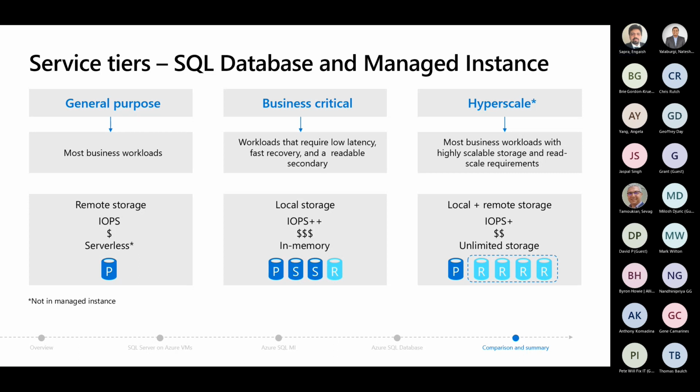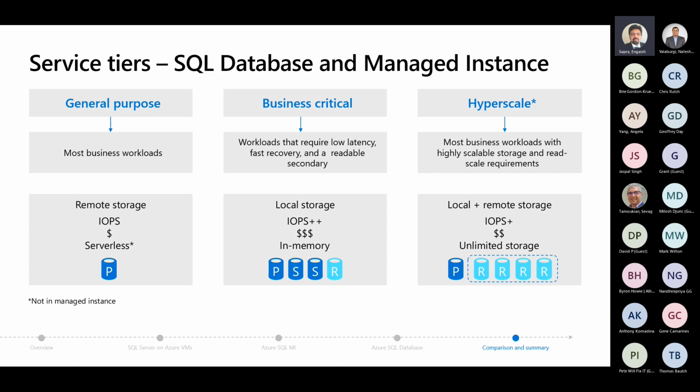Now, with the vCore based model, an additional decision has to be made in terms of the compute. Provisioned compute is meant for more regular usage patterns, when we already know it's a production workload with certain application traffic based on what we see in the on-prem environment. And then the other option is serverless compute.